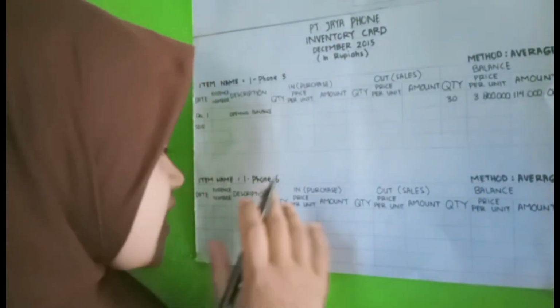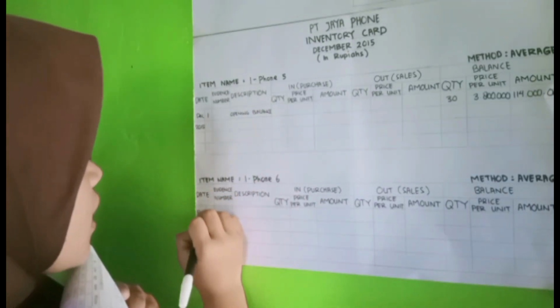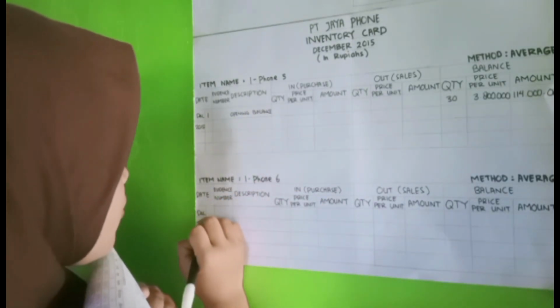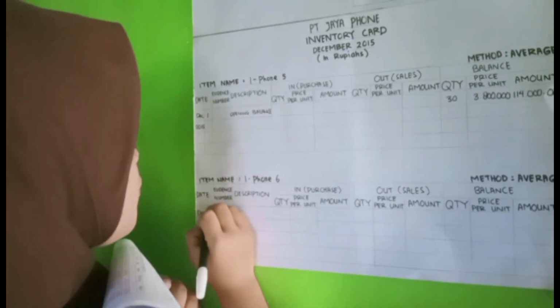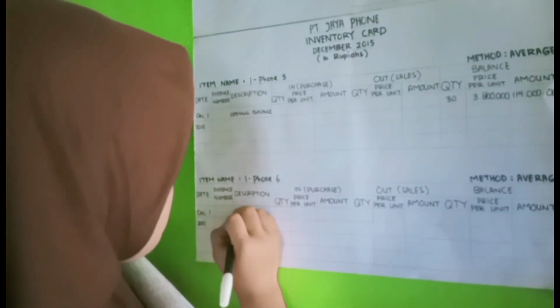For iPhone 6, it is the same. This is the date December 2015. Description, same, opening balance.